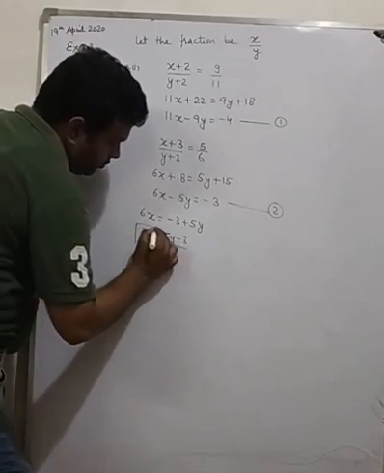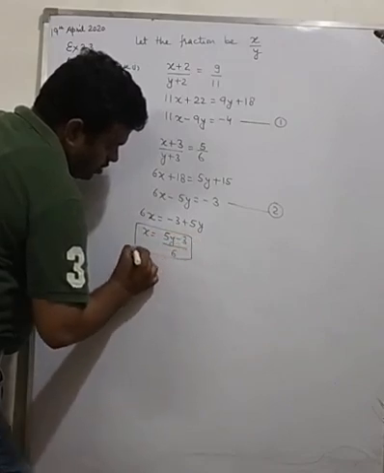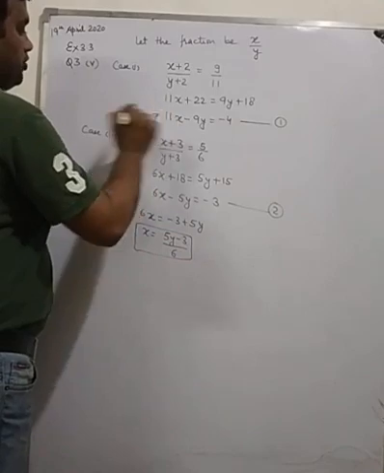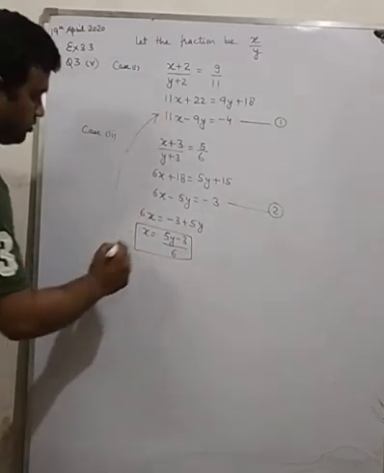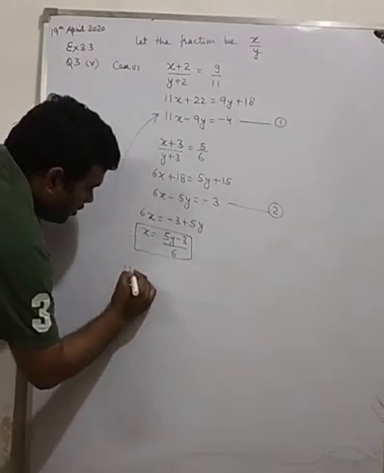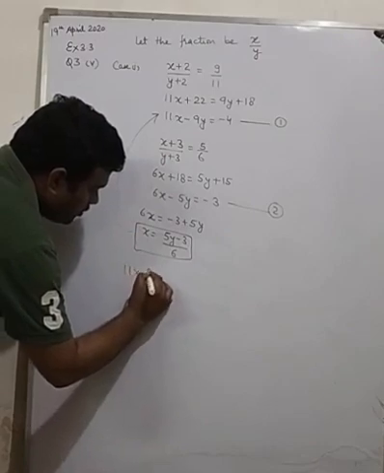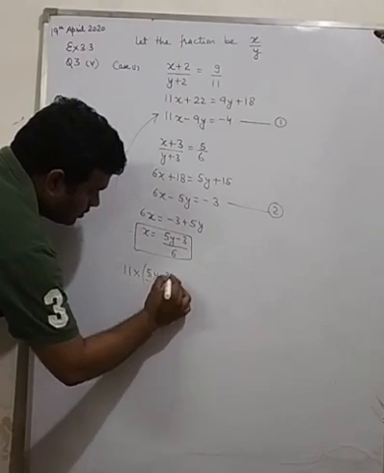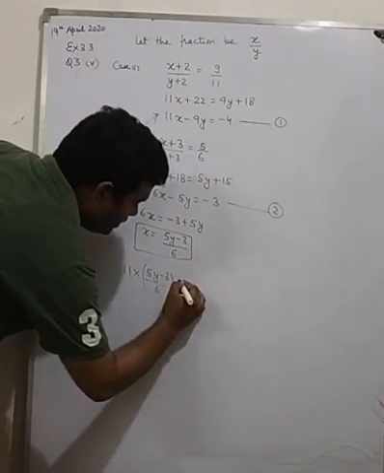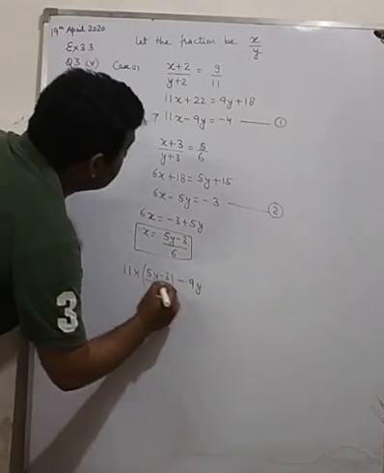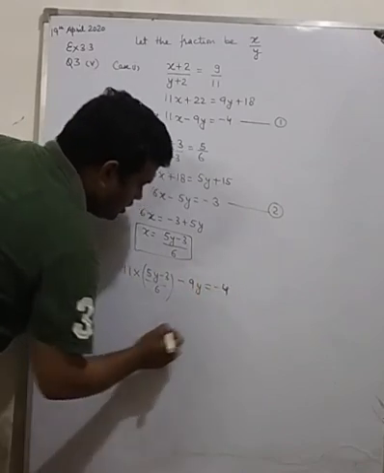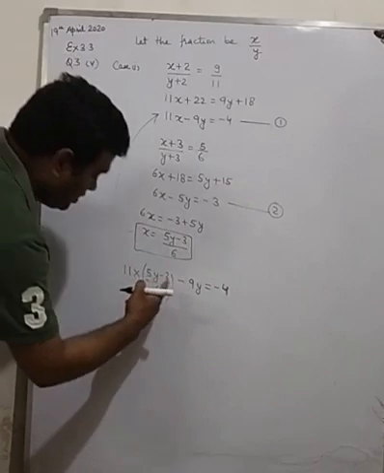This value of x I am going to put in the first equation. So the first equation will become 11 into 5y minus 3 by 6 minus 9y is equal to minus 4. I am going to take the 6 as an LCM.